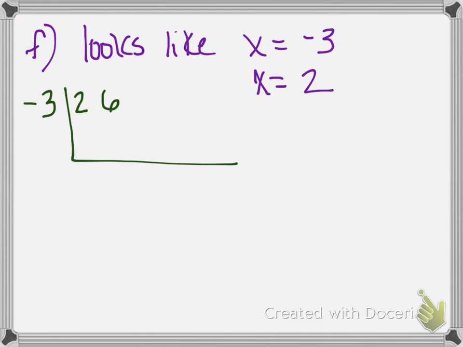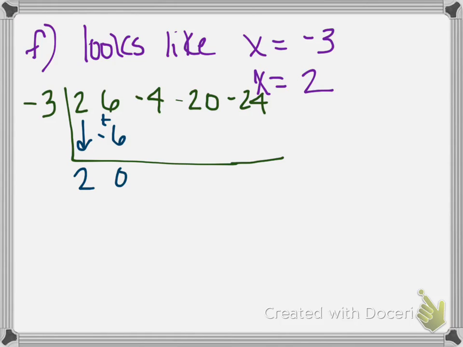Okay. And we do our synthetic. Ready? Drop it down, multiply, add, 0, multiply 0, add, -4, multiply, +12, add, -8, multiply, +24, add 0.